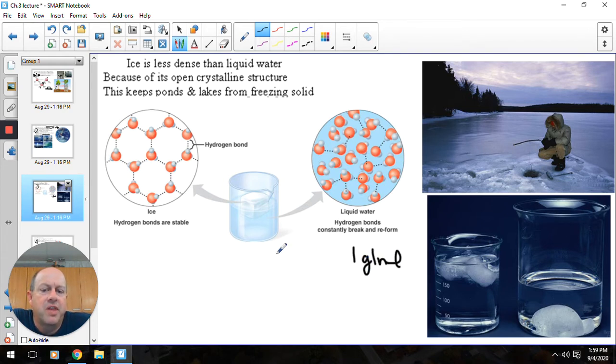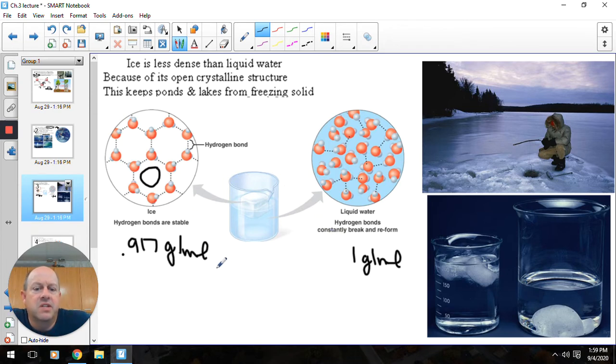Whereas we would think then maybe the ice, since it's solid, should be more than that, but the density of ice would be 0.917 grams per milliliter. And we can see that when ice forms a solid, there's this hexagonal area that has a lot of open space, and so it actually becomes less dense.